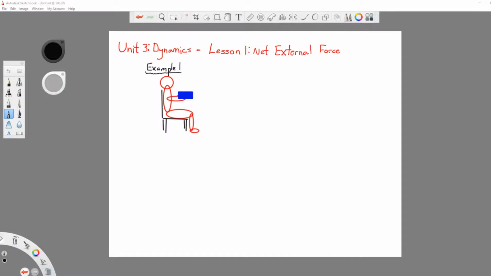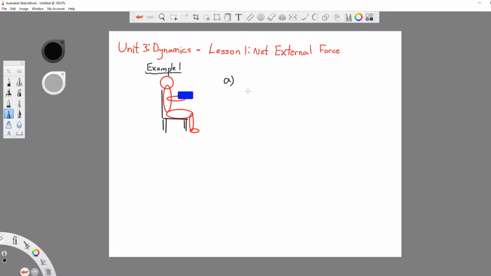And also he's sitting in a chair that's 40 newtons. A little bit irrelevant for the question, but it's nice to introduce weights in newtons here.